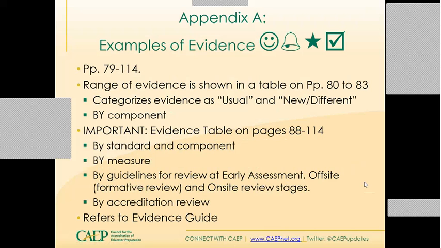There is a range of evidence in a table on pages 81 to 83 that I strongly suggest you spend some time with. They categorize evidence as the sort of usual, most common kinds of evidence that are available for a particular component. And that's what I think is helpful here. And it also discusses what is new or different that might be submitted as evidence under this component.